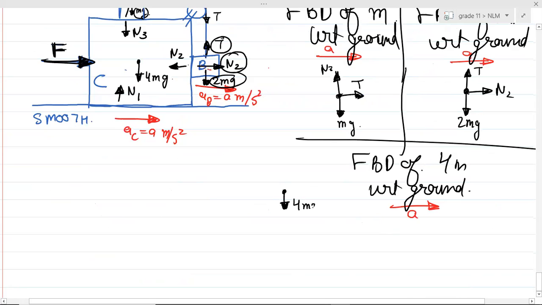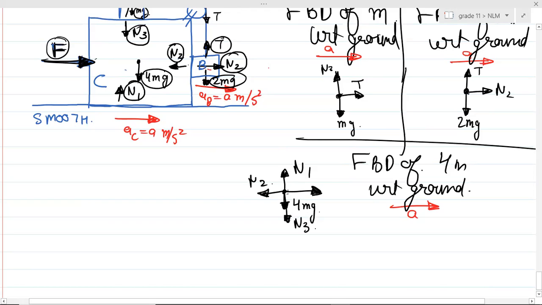After that N2 towards right, this N2, N1 towards upwards, so N1 towards up. So we draw N1, 4mg, N2 done. Now this N3 downwards. So this is also done, and this force F is acting towards right. So you draw it like this. You don't draw like push, you always draw like pull, acting away from each other. So these forces are done.